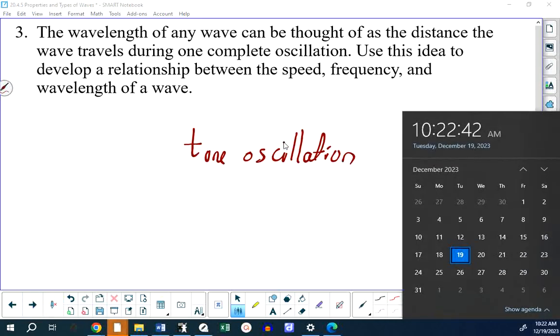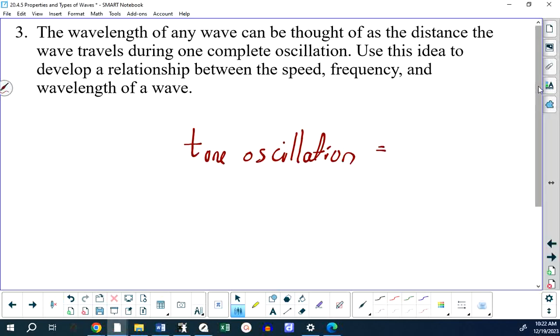Period. It's the period. So this is the period. What do we call the distance the wave travels in 1 oscillation? Is it the wavelength? Yes, sir. It is the wavelength. So this is the wavelength.